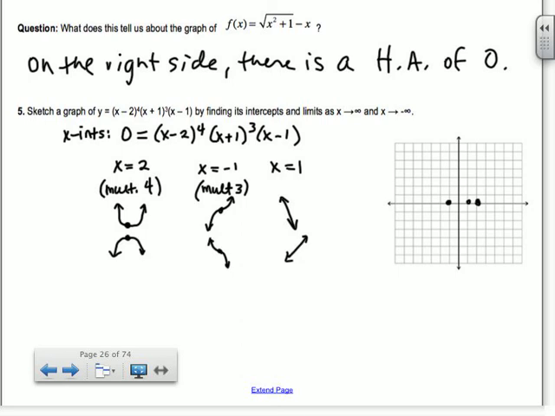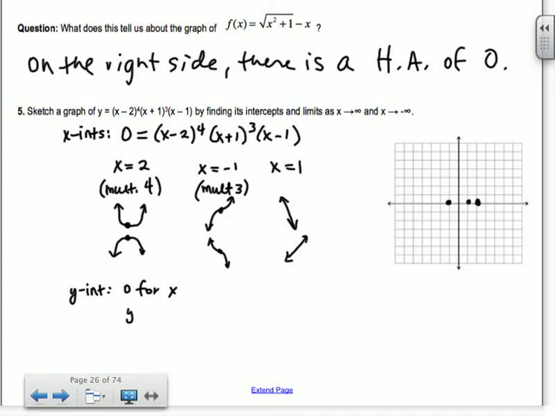Okay, y-intercept, how do I find that? Yeah, all the x's are 0. So you'd get y equals negative 2 to the 4th, so 16, times 1 cubed, so 1, times negative 1. So I get negative 16. So it's way down here.